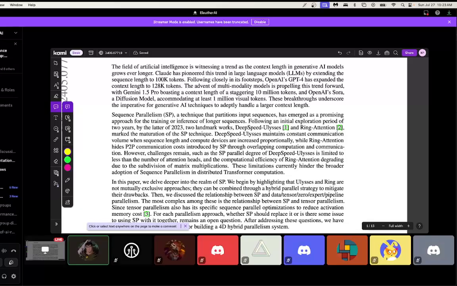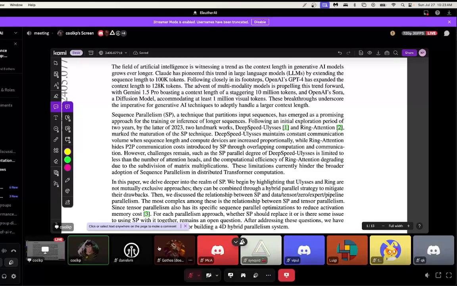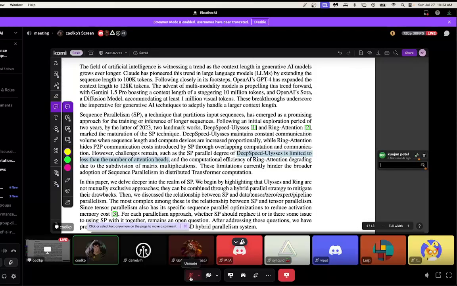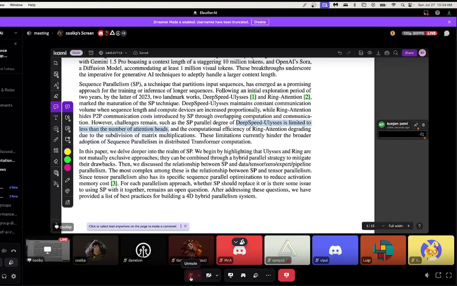See, this is not a great statement, because he started off talking about while ring attention hides P2P cost, you would expect the next statement to bring up the other side of the while, which would be a drawback of ring attention. But being limited to the attention heads is a drawback of DeepSpeed Ulysses.